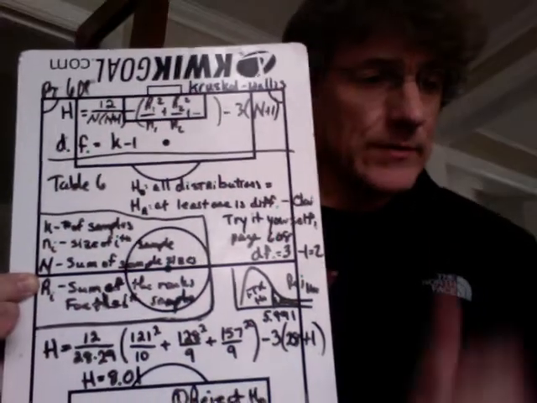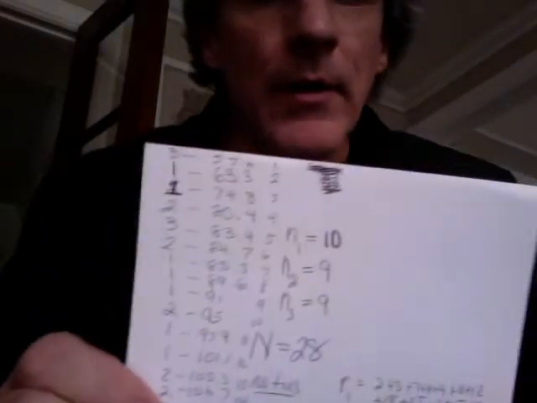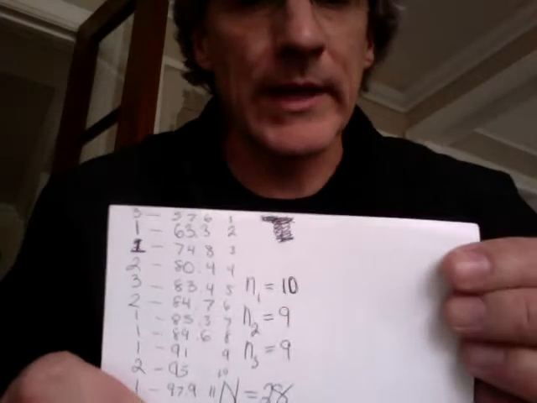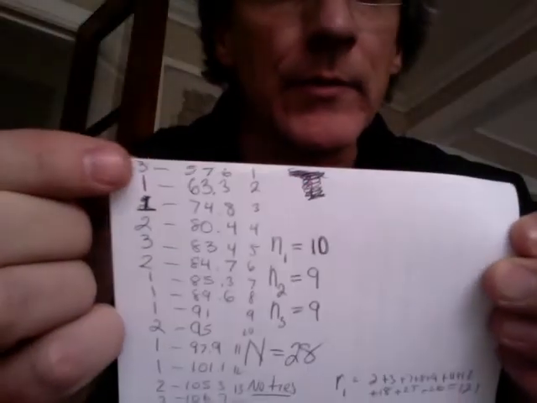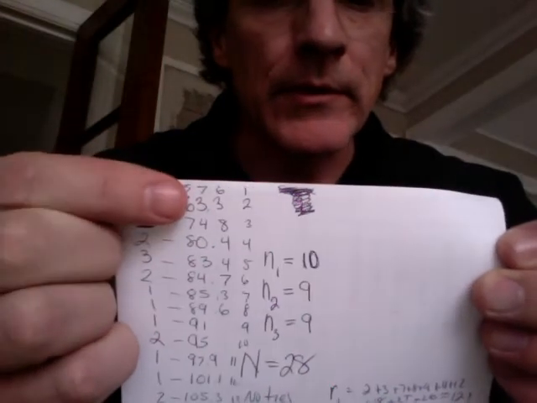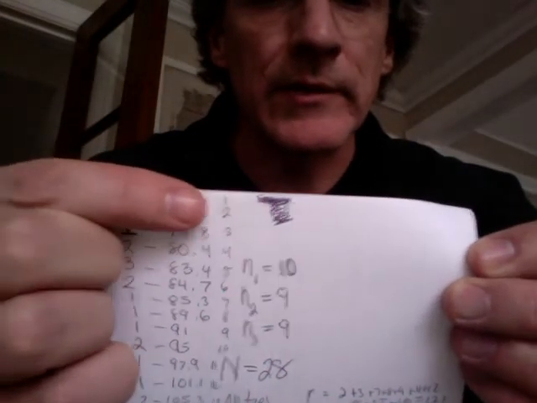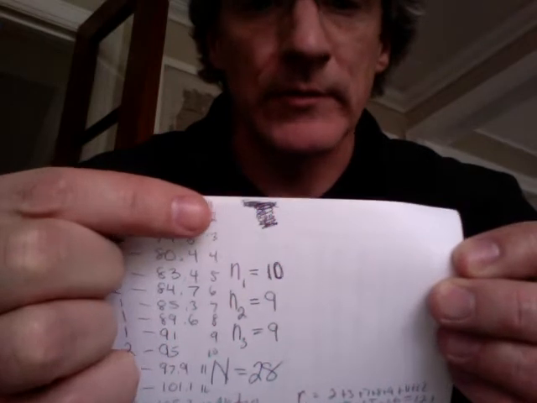All right, so on the try it yourself number 1, just to show you the length and the detail you have to get into, and this is not particularly great, what I have here is from the third sample, the number is 57.6, and it has rank 1 because it's the lowest number.